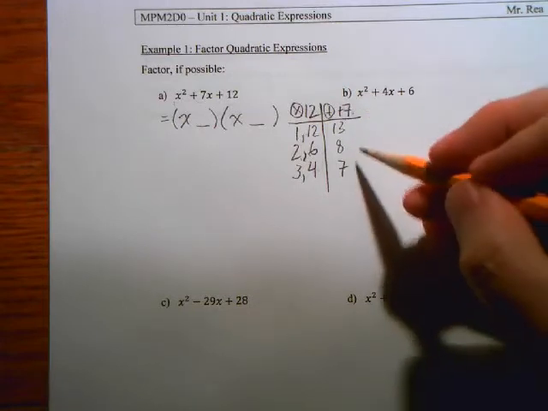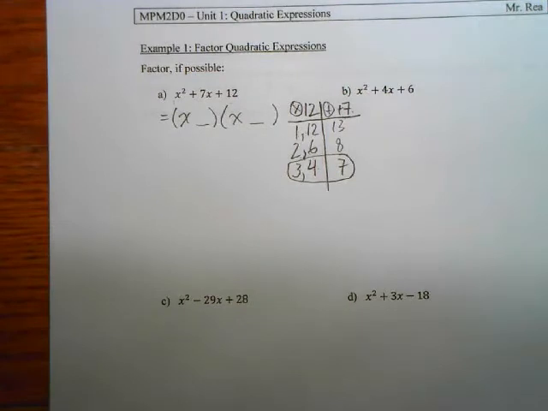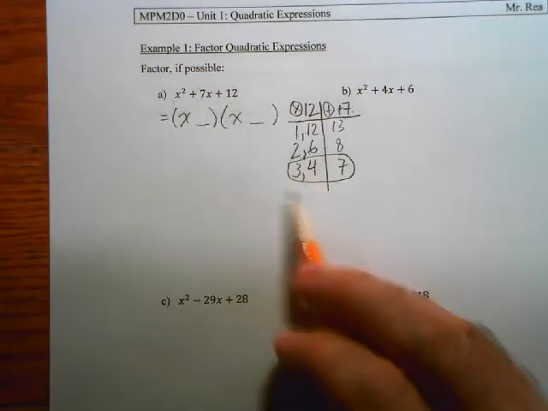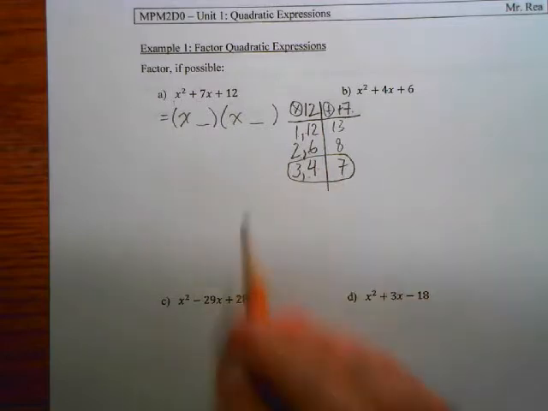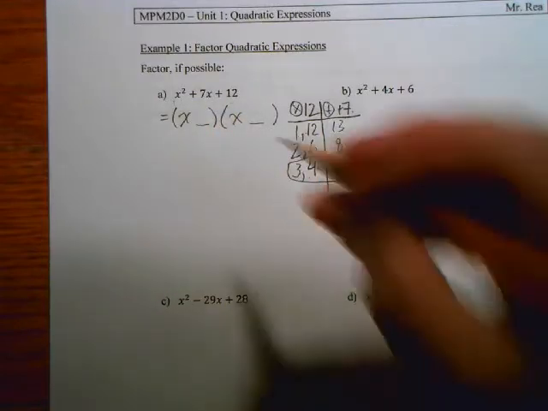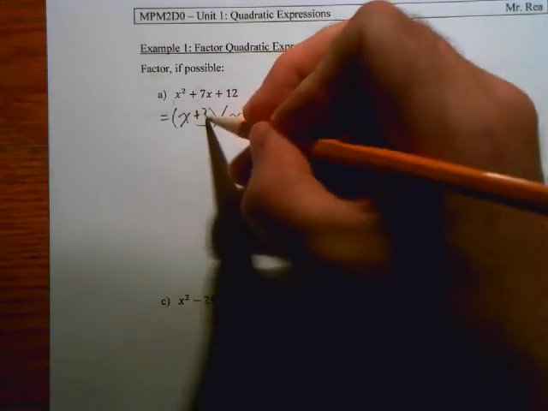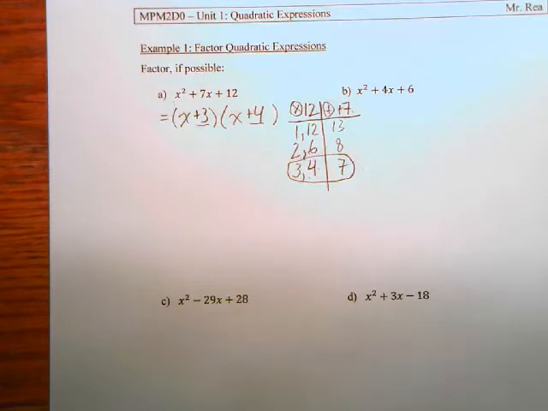And I was looking for 7, and there's the combination that works. The 3 and the 4 are the mystery numbers we're looking for. They multiply to 12 and they add to 7. Okay, so once I know the numbers, I put them inside here as the second term in each factor.